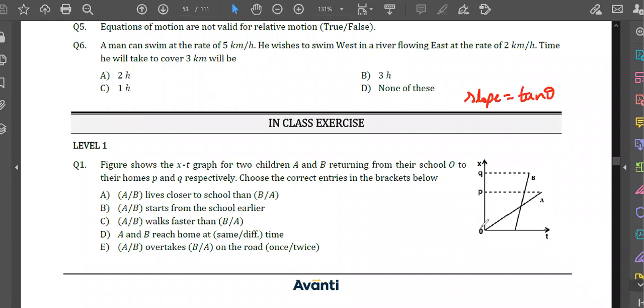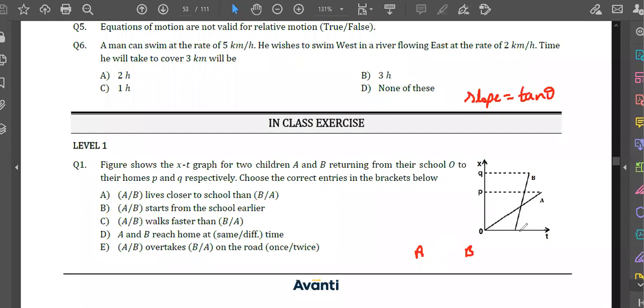Now tell me, which of the two will have higher velocity, or higher speed, A or B? B, right?